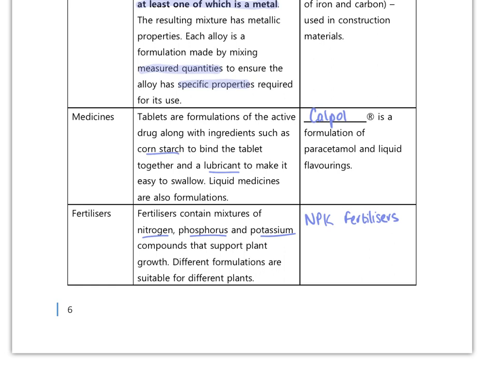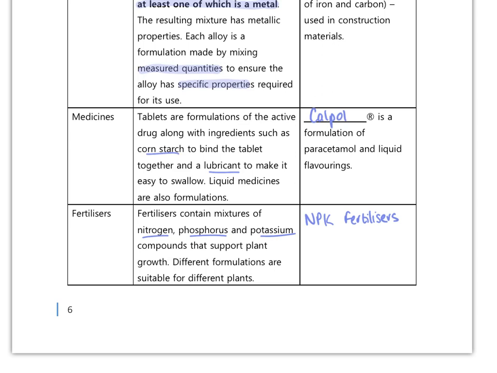So what you can see there is that we have different measured out quantities, different ratios of nitrogen, phosphorus and potassium, depending on what the plant needs, whether it needs to support protein formation for growth, whether it needs healthy leaves or healthy roots. That's what your nitrogen, phosphorus and potassium are for.